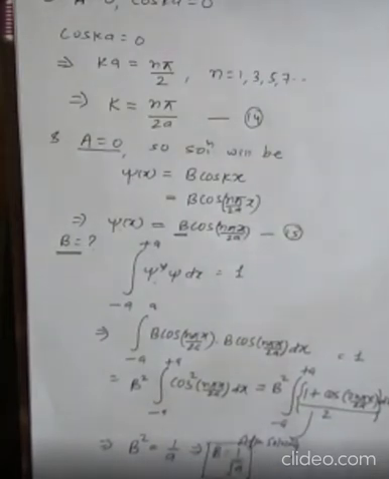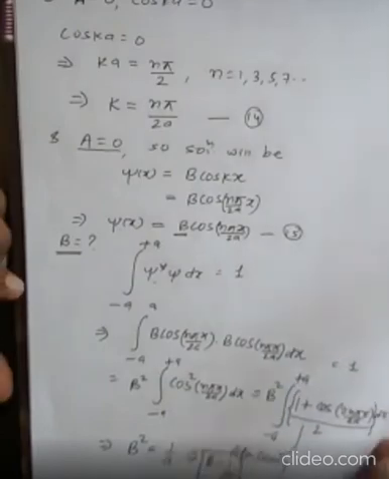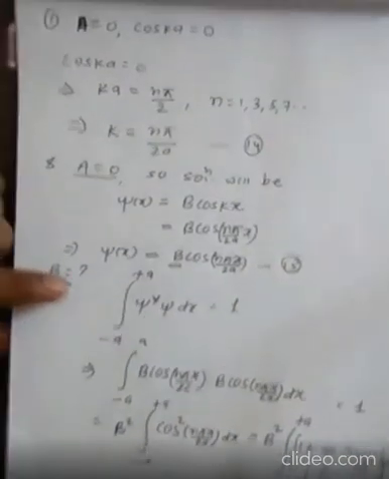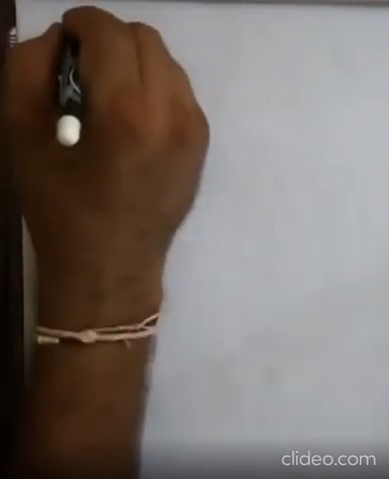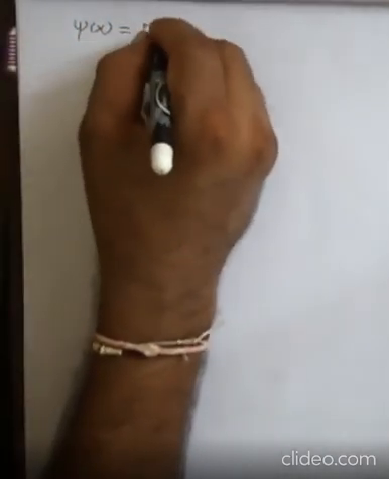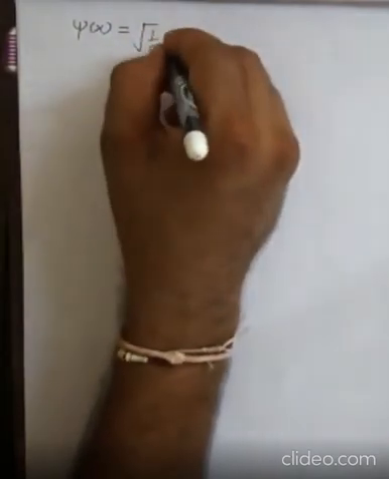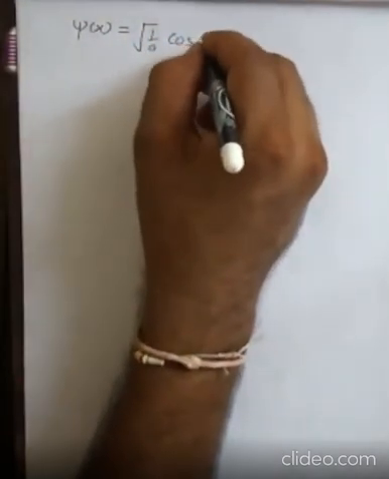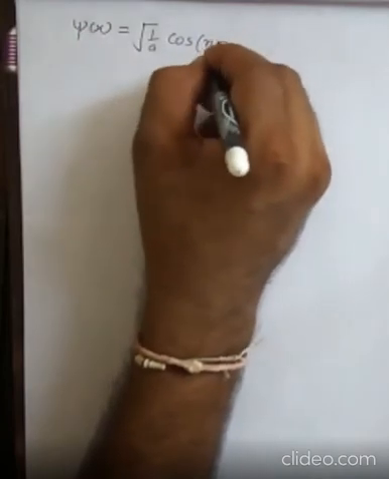So this is the coefficient b here, and if I use this b in equation 15, the solution psi x will be root 1 by a cos n pi x divided by 2a.